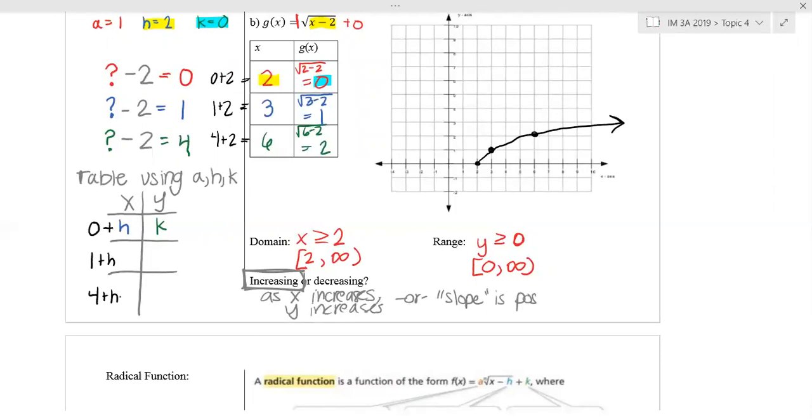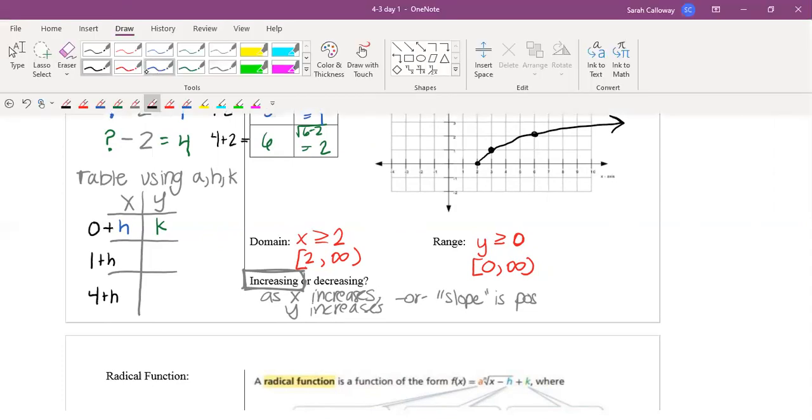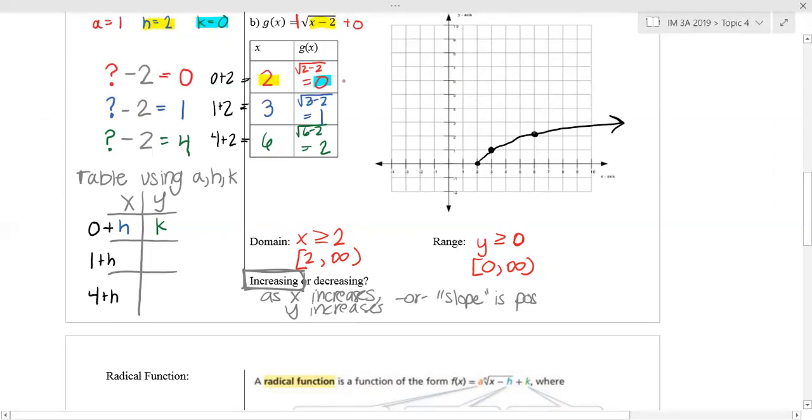And then the pattern for Y is a little bit different, but it is pretty straightforward. In this part, to get the next Y value, I'm adding 1, and then I'm adding 1.